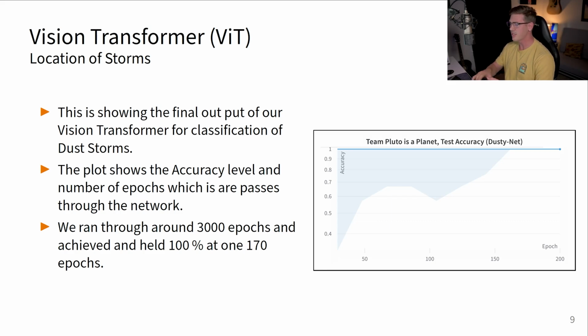The epoch is how many times it cycles back through the model. At 170, we still had over 2,700 epochs to go. We passed around 3,000 epochs for the model and maintained that 100%, which really assured us as a team that we had not received a false positive, but also had a really strong data set, and that our classification was correct.